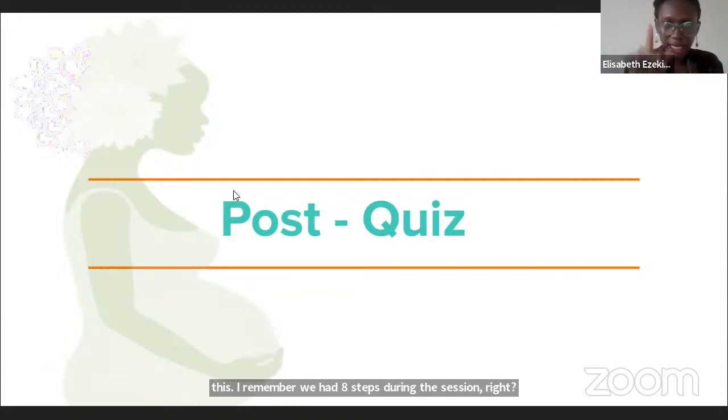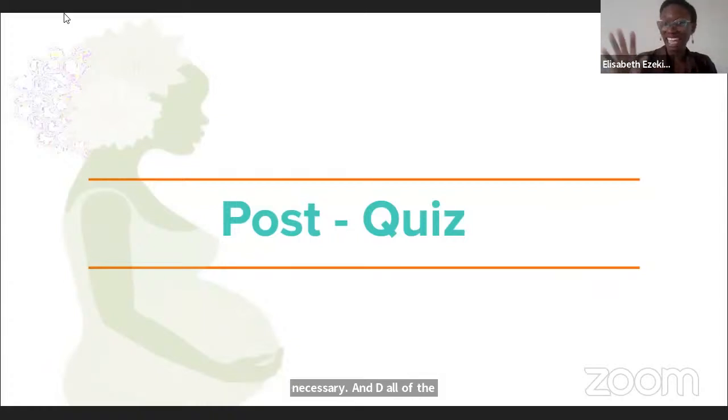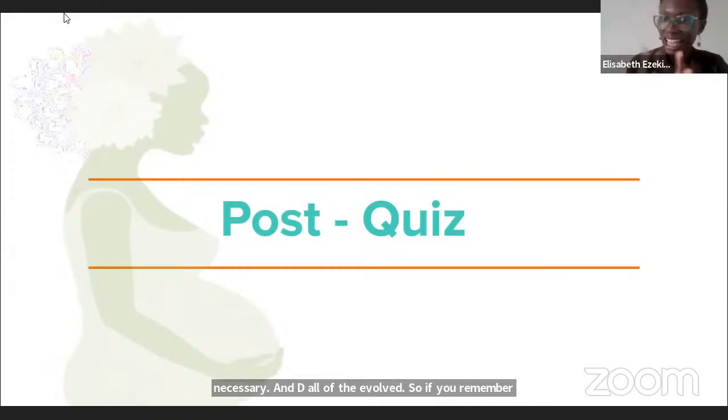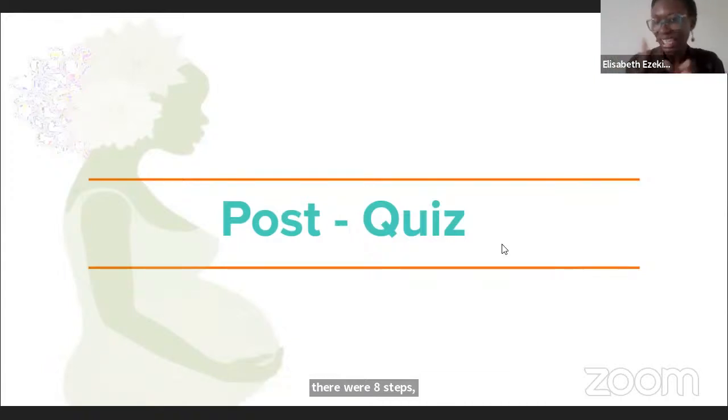B, evaluation, inference, and deployment. C, deployment, followed by retirement or replacement when necessary. And D, all of the above. So if you remember, there were 8 steps. We talked about understanding the problem, preparing our data, converting it, processing it, training the machine, evaluation, inference, or retirement and replacement.